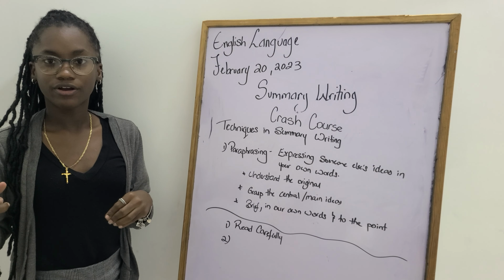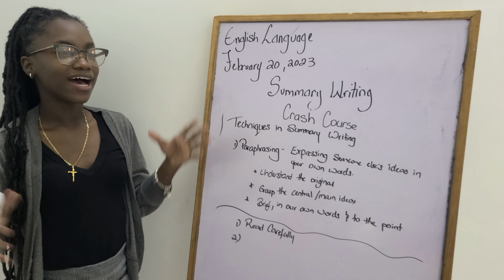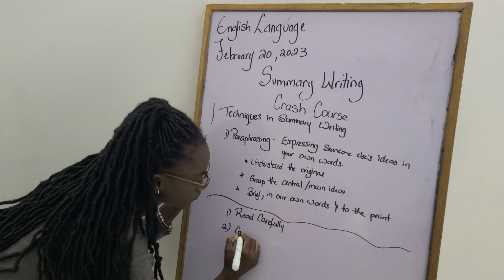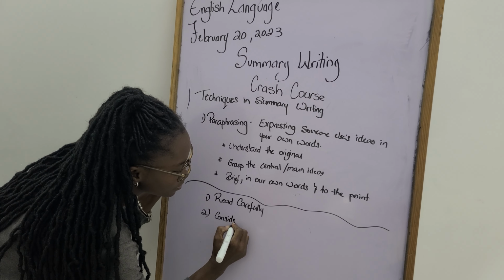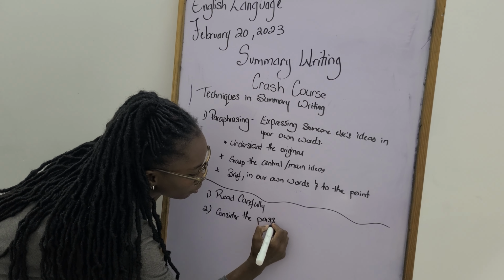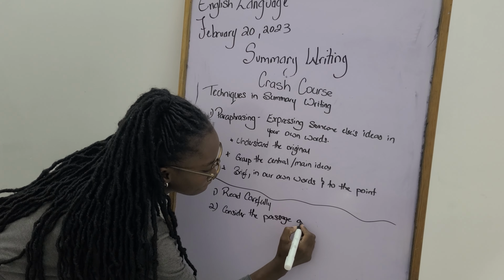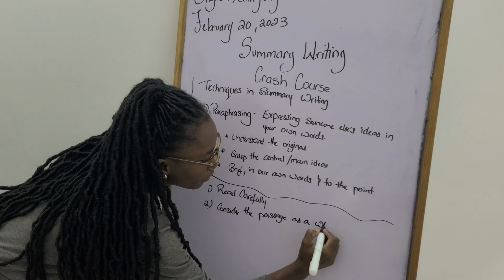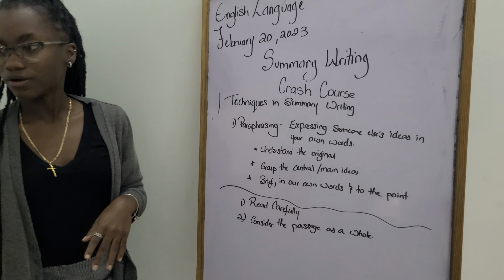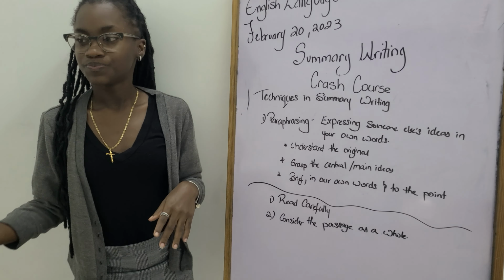You want to consider the article as an entire thing and not just several isolated sentences. So consider the passage as a whole. So we're reading carefully and understanding, and we're considering the passage as a whole.